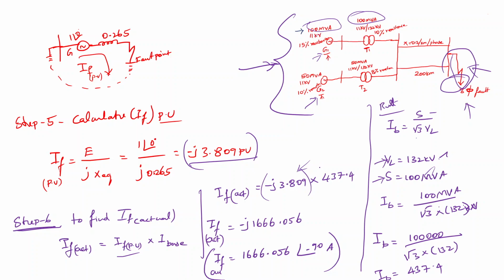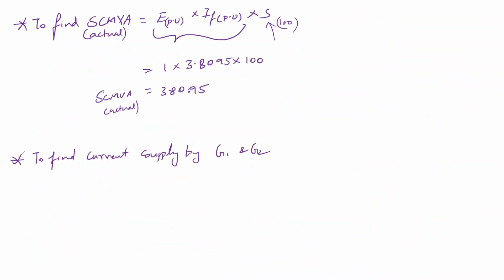But for calculating the current supplied by G1 and G2, we don't need to consider whether it is calculated at the high voltage side or the low voltage side. Directly we can find it from the low voltage side itself. So IF actual at low voltage side.